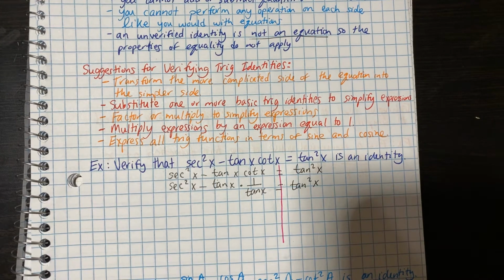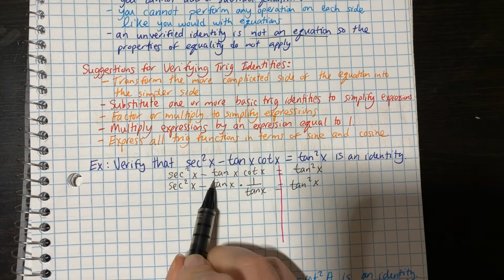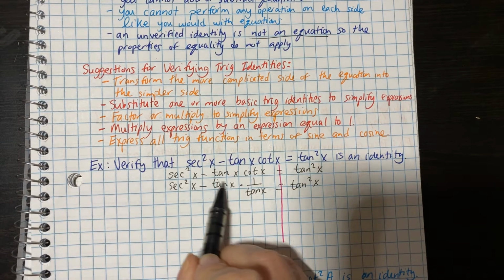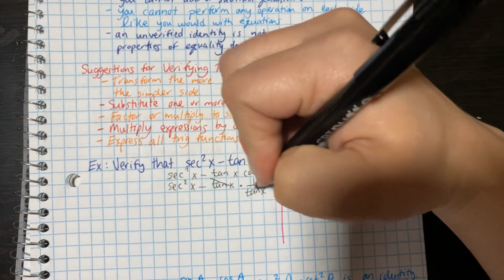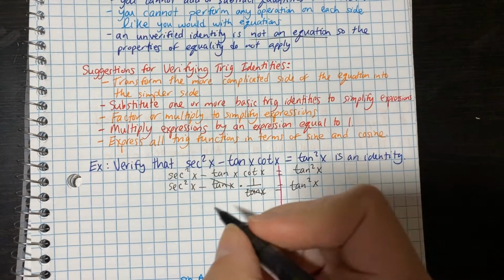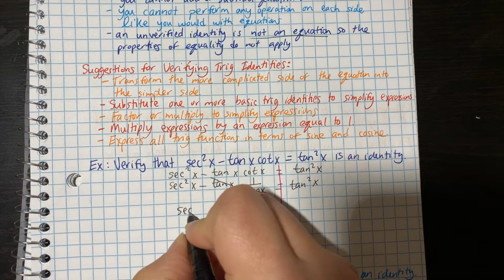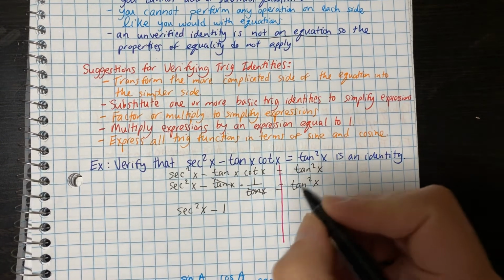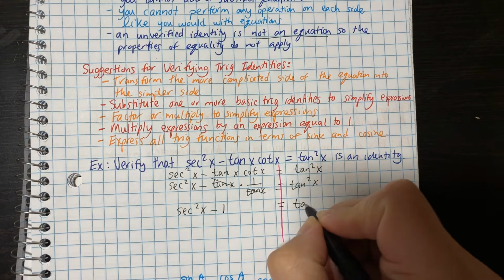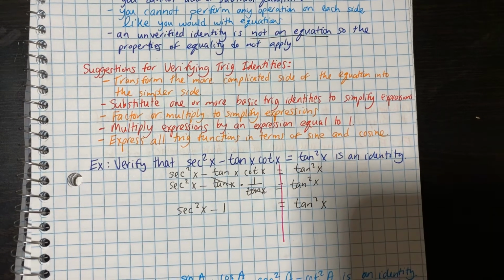I didn't touch that side. Next, this and this pretty much cross themselves off, so that's going to be equal to 1. So I'm going to have secant squared of x minus 1 equals tan squared of x.